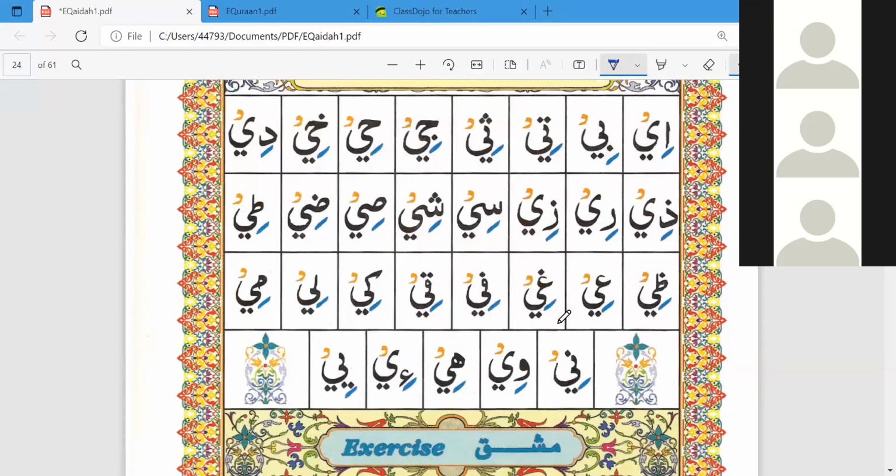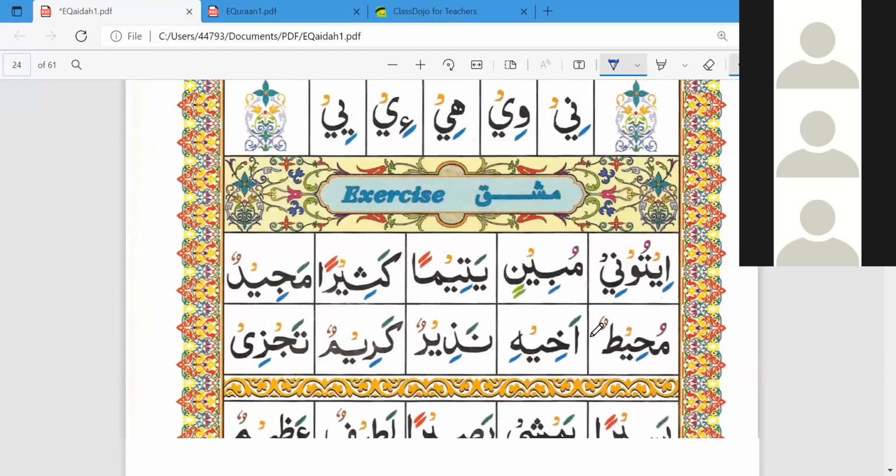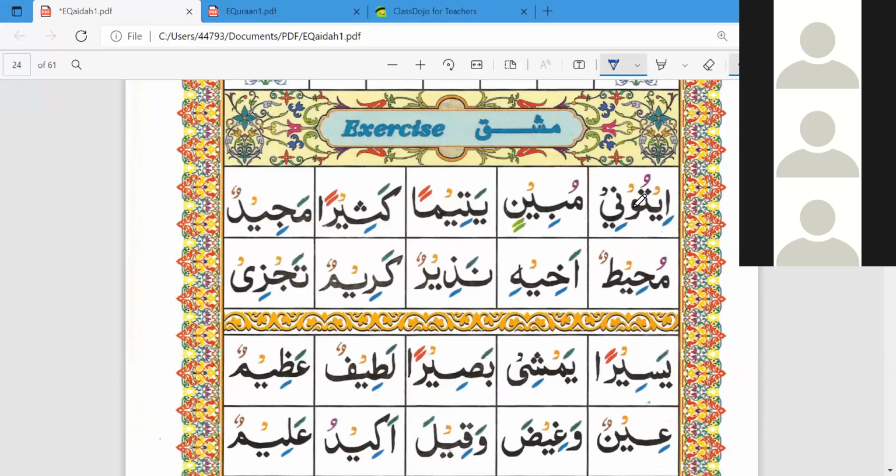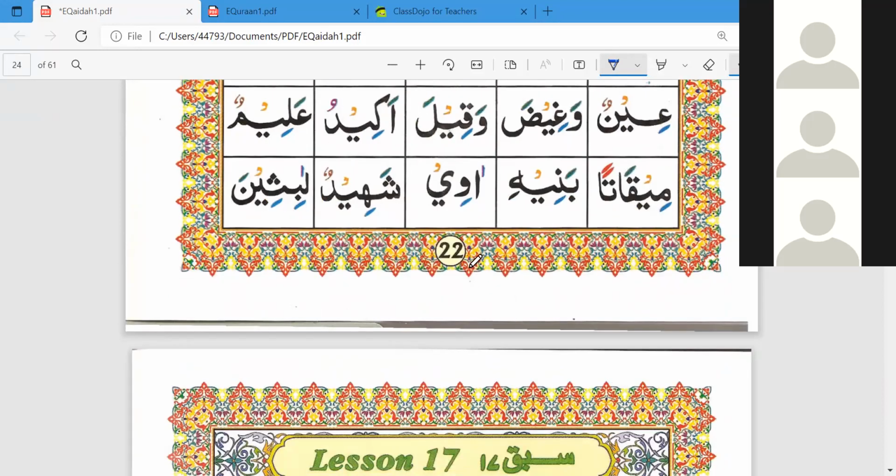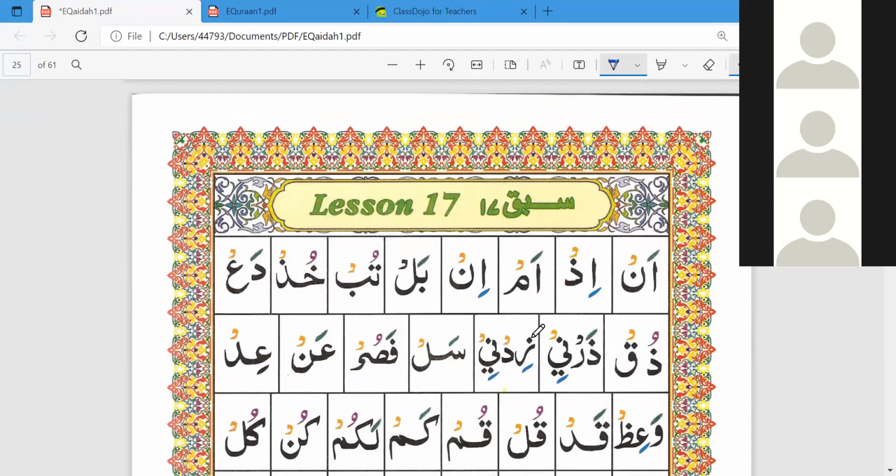This is lesson 16, and it's all about long E. So, mubinin, mubinin, mubinin, yatiman, yatiman, awi, shahidun, labithina. So sukun, remember, no sound for sukun.